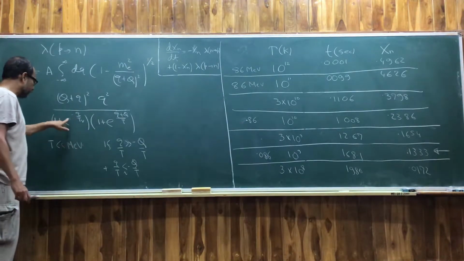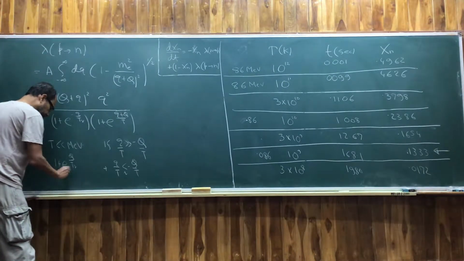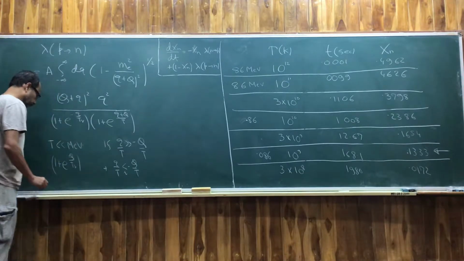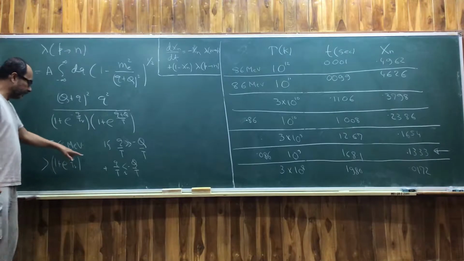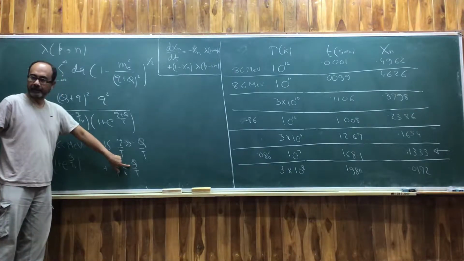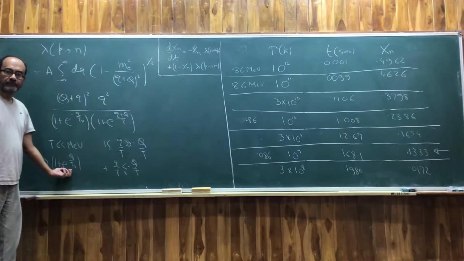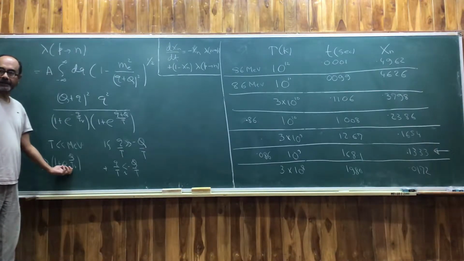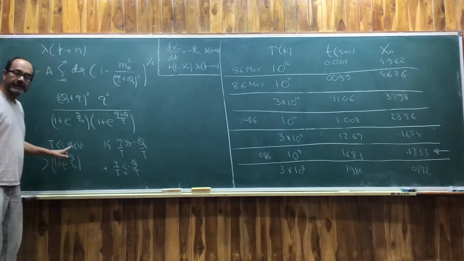But in that case, this contribution becomes larger than 1 plus e to the power Q by T nu, because I'm just setting Q by T equal to minus capital Q by T. And this becomes large, because Q is of the order of an MeV, 1.2 MeV, and T nu is of the order of T. So this ratio now becomes large.